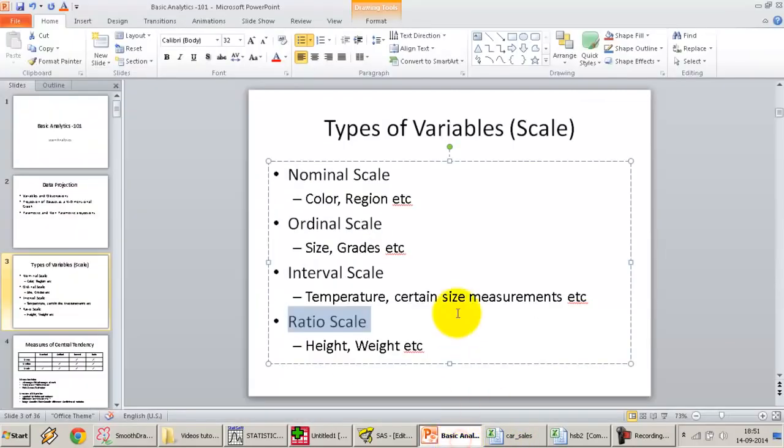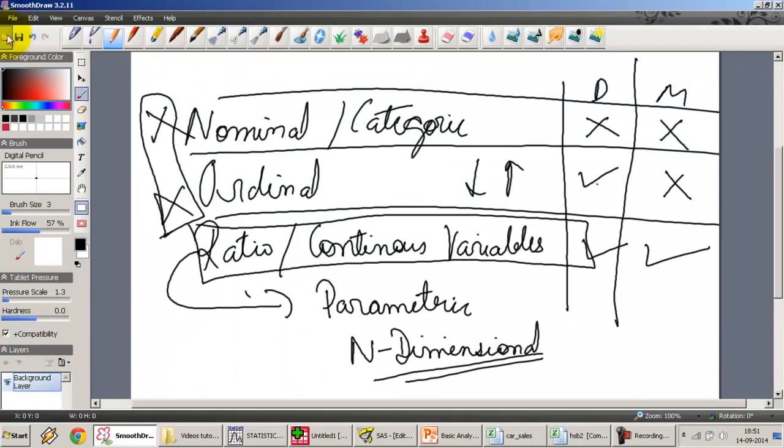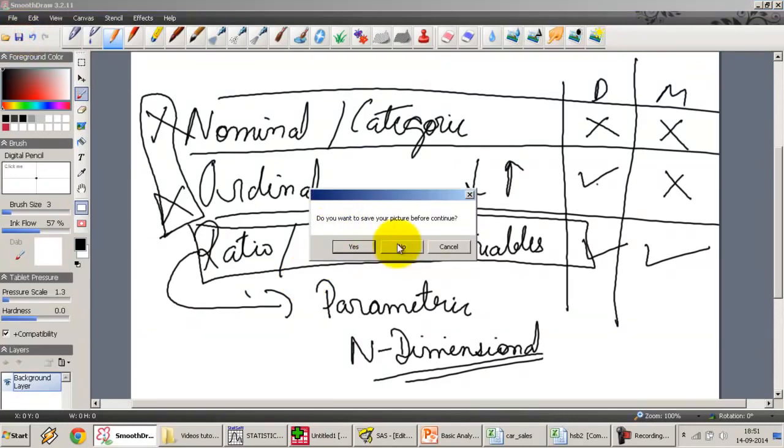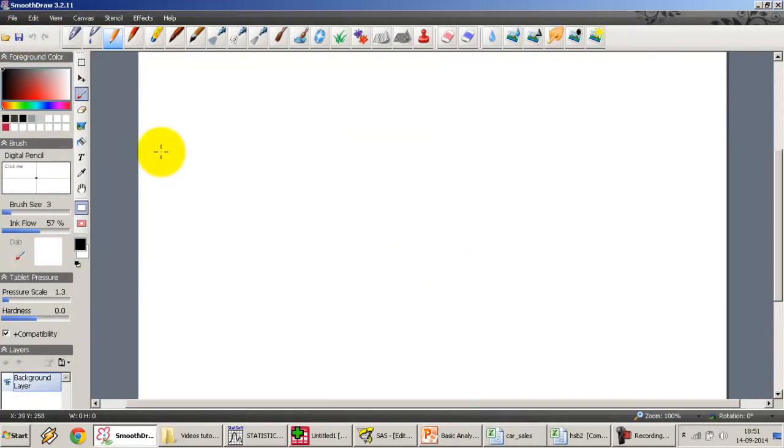That leaves us with the fourth variable, the interval scale. While the interval scale may sound like having intervals, it doesn't really mean the kind of intervals that you may be thinking. Interval scale variables are a special class of variables. They don't occur very often.